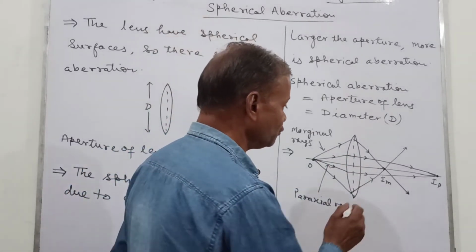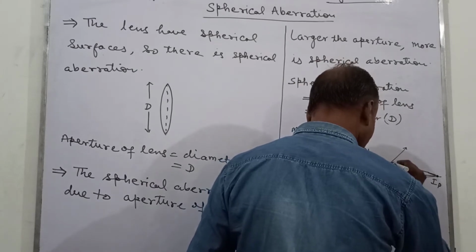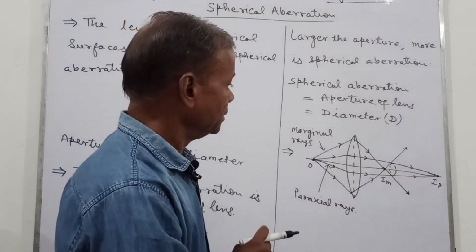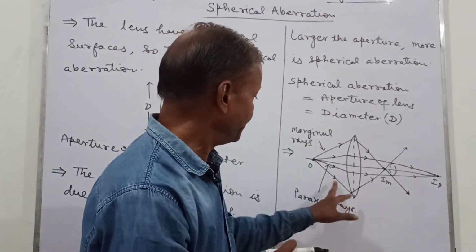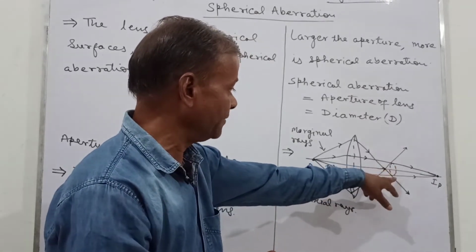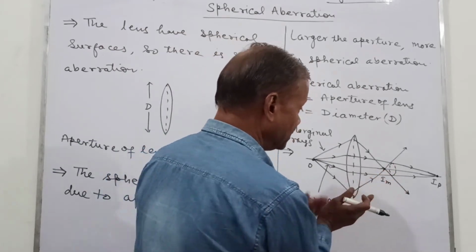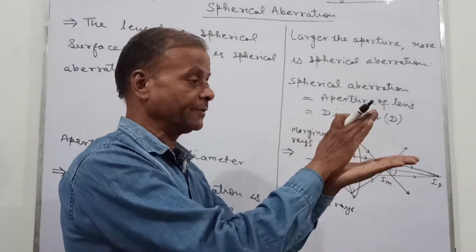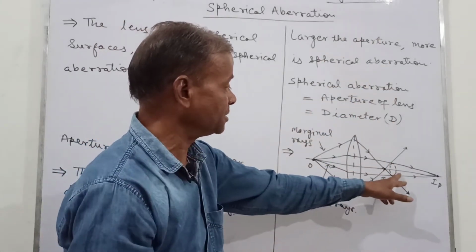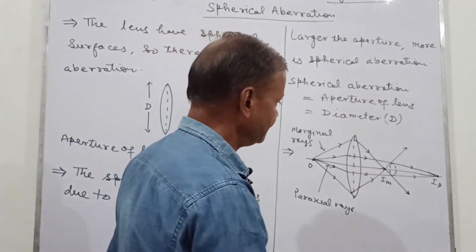So between these two we are having the images. You see that here the paraxial and the marginal rays cross each other. So because of that we are having this here a image. So this will be like this one. It will have the cross section of this one, that will be the circular. So this is the circle. This is called the circle of least confusion.